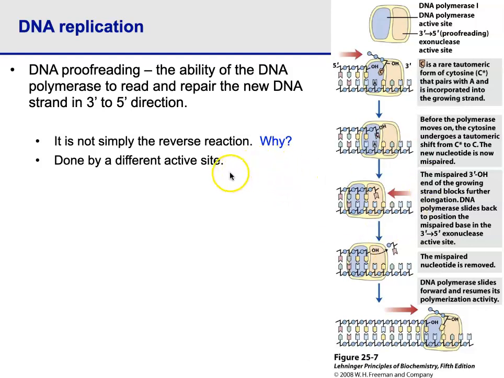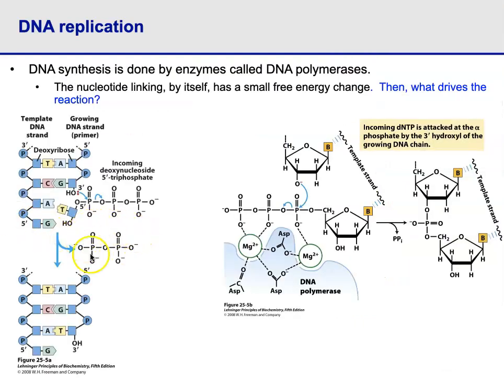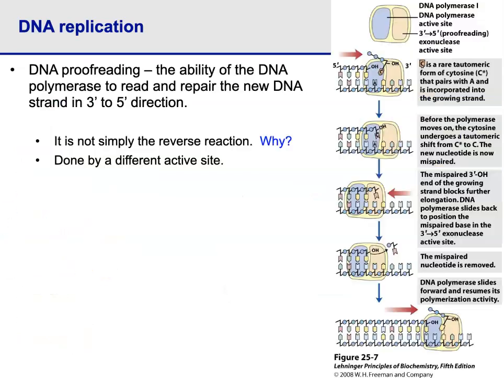Now I'm asking here, is this just a reverse reaction or not? And the answer is no, it is not the reverse reaction. And if you remember, why is that not the reverse reaction? Because of this pyrophosphate. Once generated, it almost instantly gets degraded, so we no longer have it available for this reaction to go back.